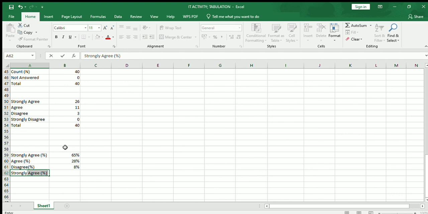The next one is we will get the percentage of the respondents who answer strongly disagree. So same process as the other.